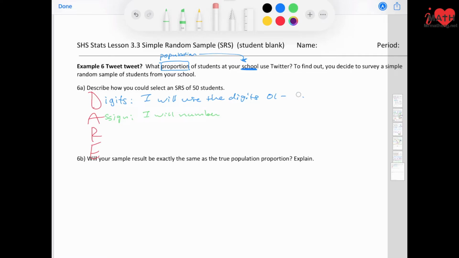There's more than 50 people in the school, so let's just say there's 2,000. Let's try that again. It doesn't tell you how many, but let's just say 1 to 2,000. I will number each student based on an alphabetical list.